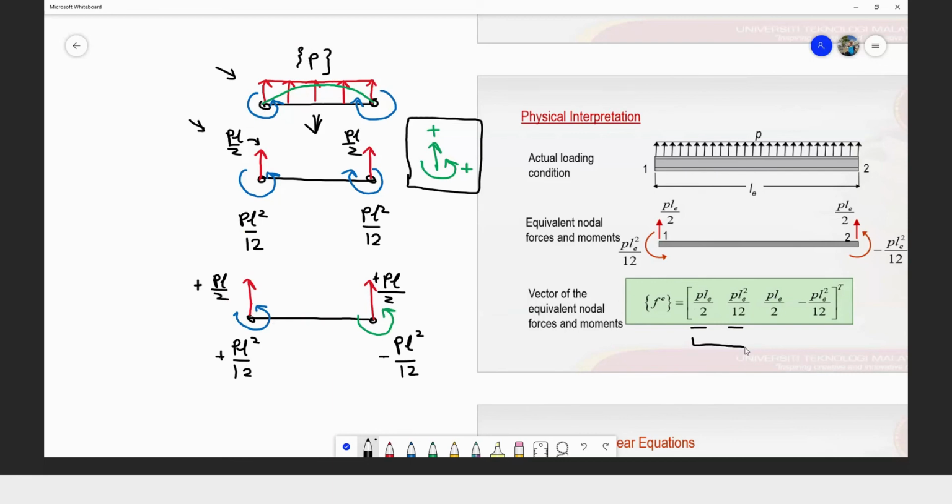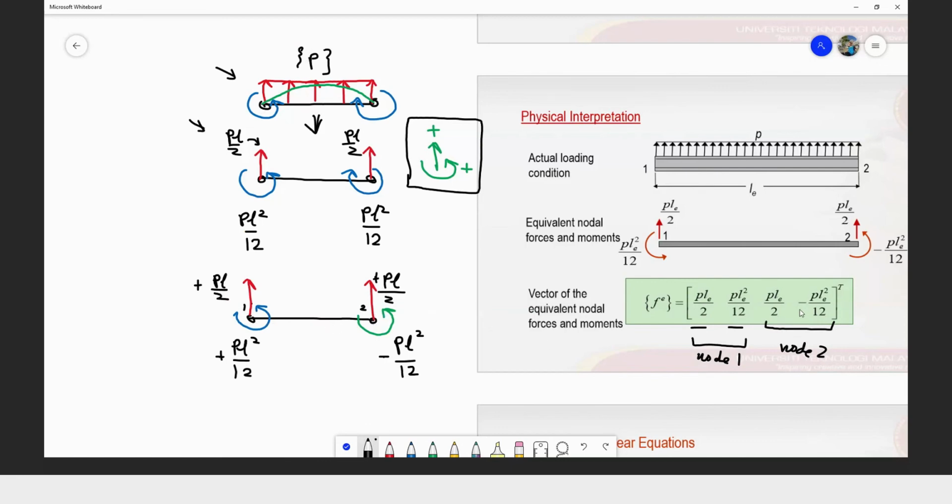This is for node 1 in my diagram. And then the pair here, PL over 2 and negative PL square over 12. This is for node 2 in my slide here.